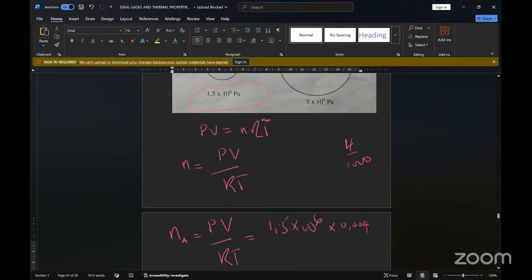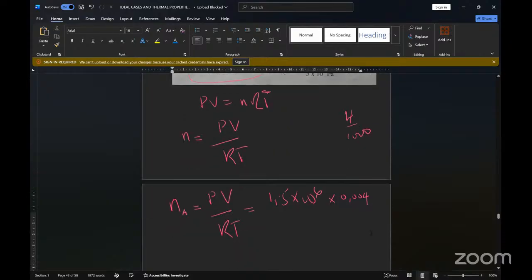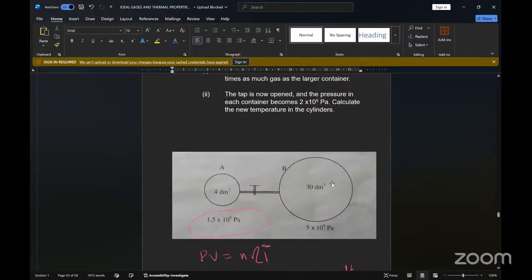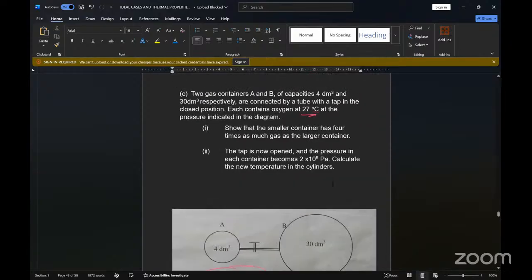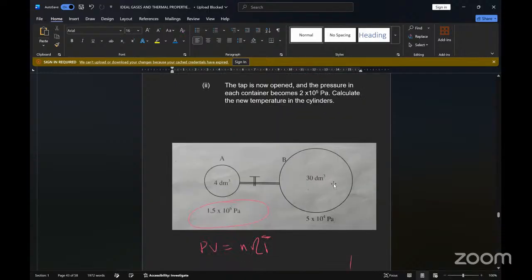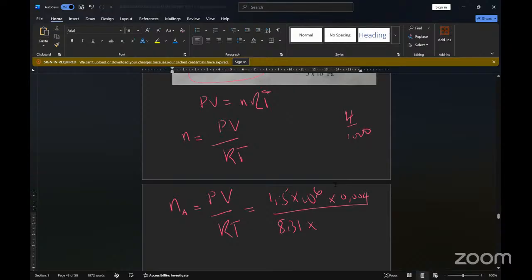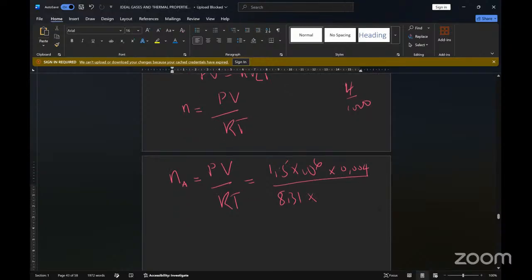Then we divide the whole thing by 8,31, that is the value of R, times the temperature. What temperature is given there? The temperature is 27. So 27 plus 273 is 300. So we are going to have 300 here.